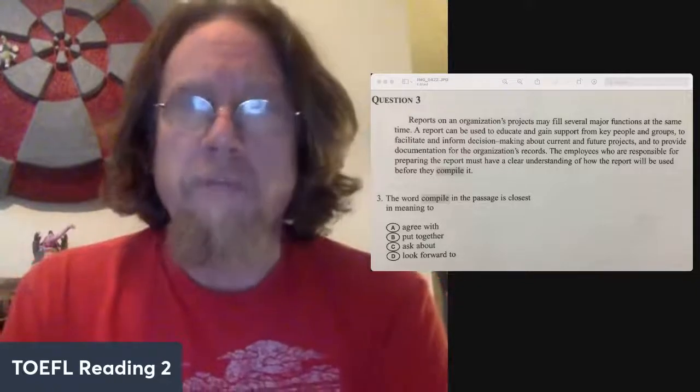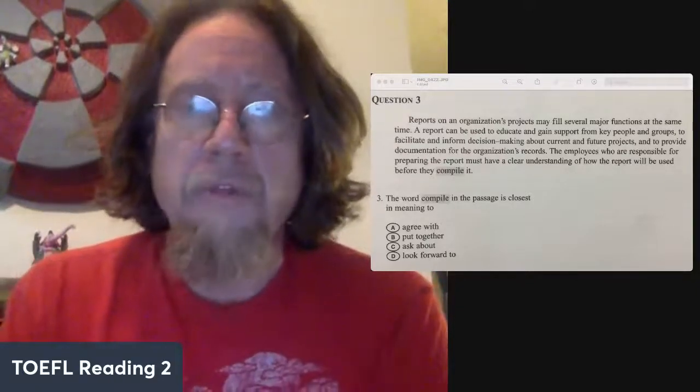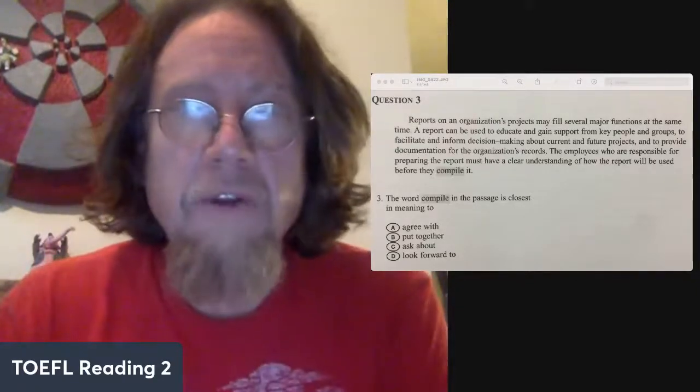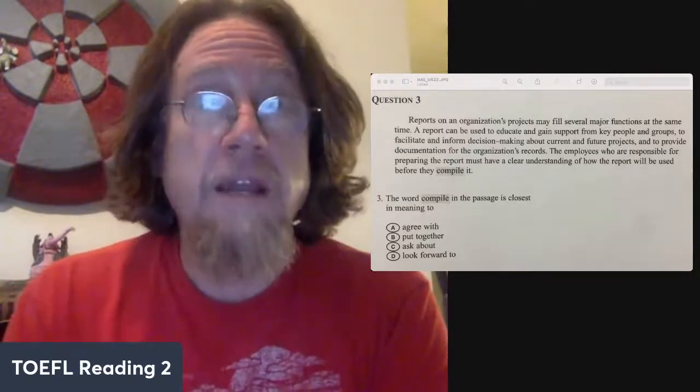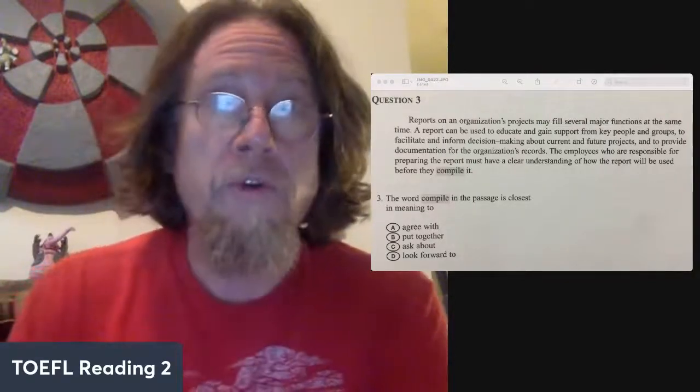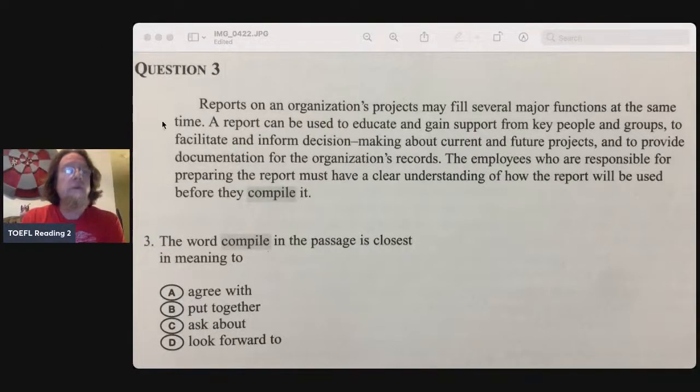Okay, here's question number 3 and passage number 3. Listen carefully as I read this passage. Read along with me, and then we'll do the question, okay? Question 3. Reports on an organization's projects may fill several major functions at the same time.